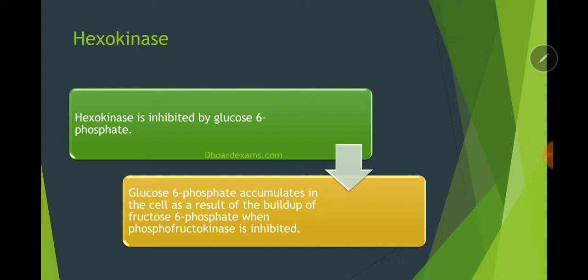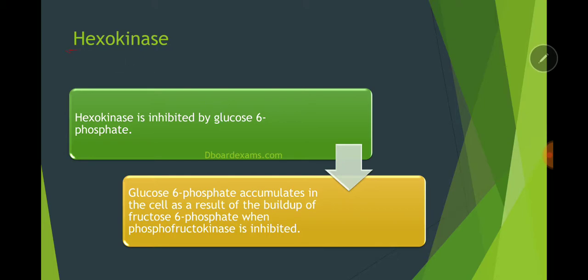Okay, all right. So in terms of hexokinase, remember the kinase always adds a phosphate to a molecule. So hexokinase is inhibited by glucose 6 phosphate.